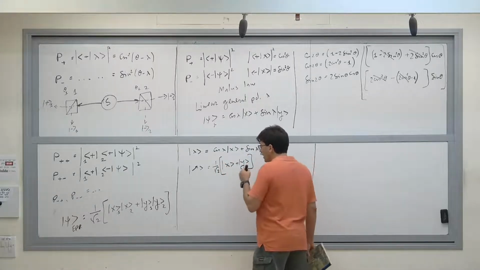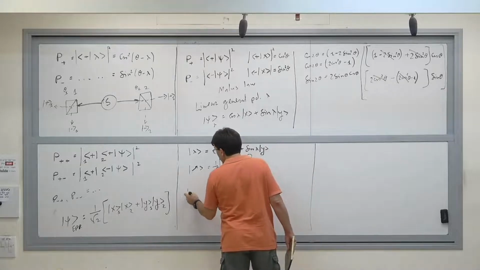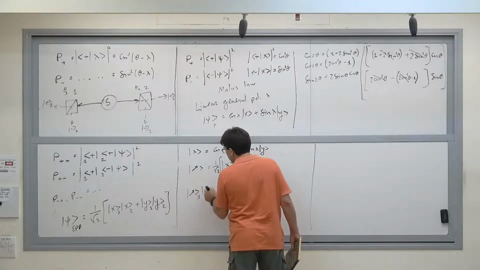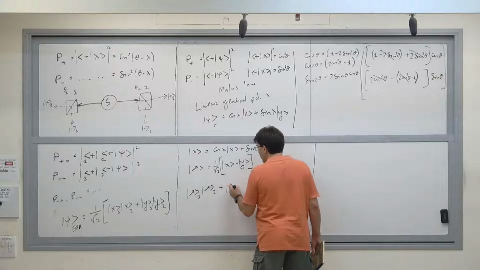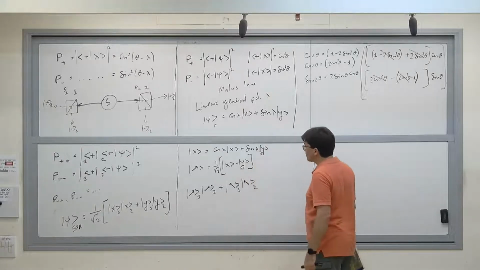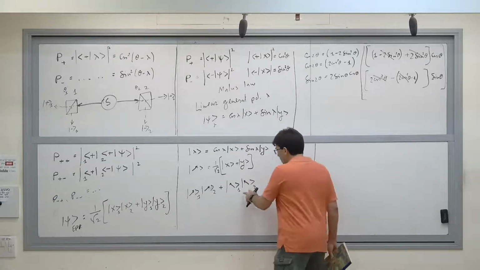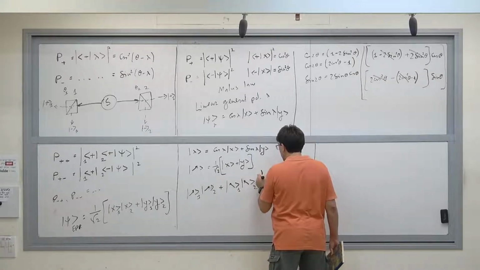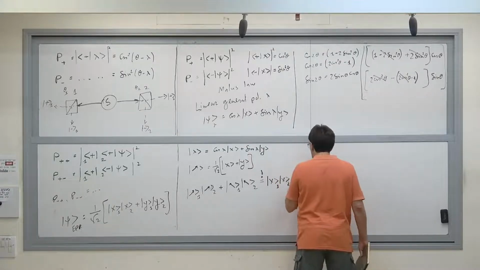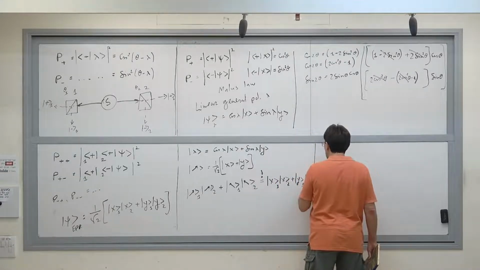Now, let me ask you, what is this? This in 1 times this in 2, plus this in 1 times this in 2. I'm saying that this is a claim. This equals x in 1, x in 2, plus y in 1, y in 2.